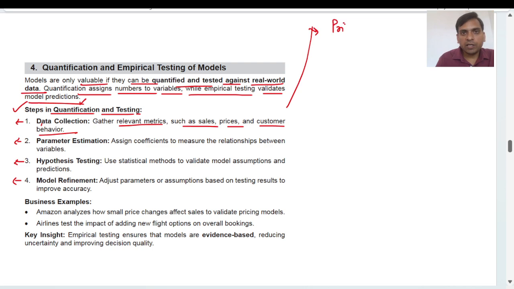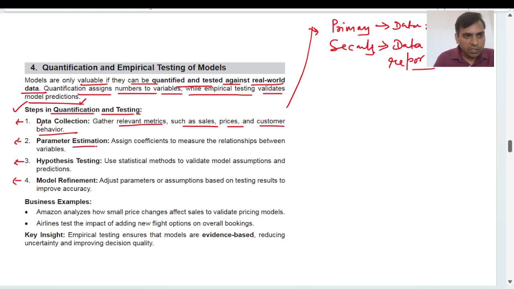First is primary data collection, and second is secondary data collection. In primary data collection, data is collected directly from the respondent. And in the second case, secondary data is collected from published reports.